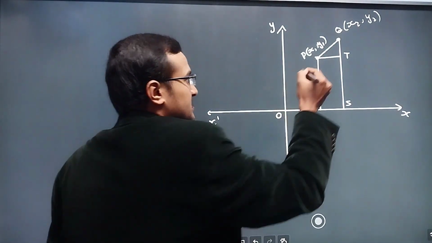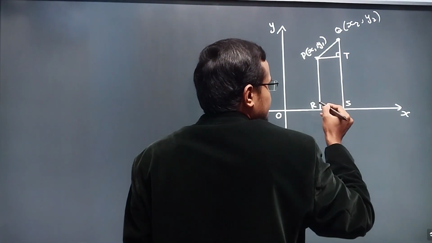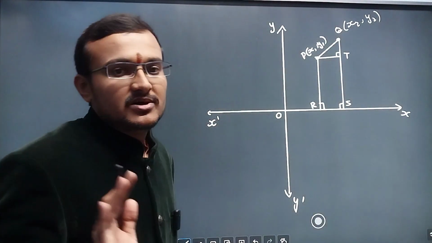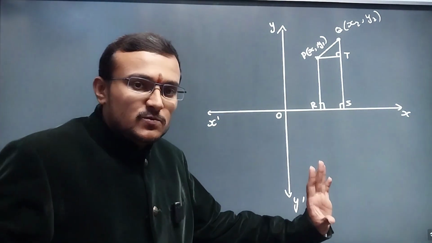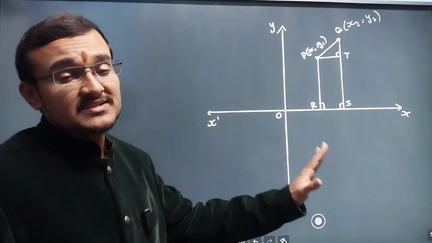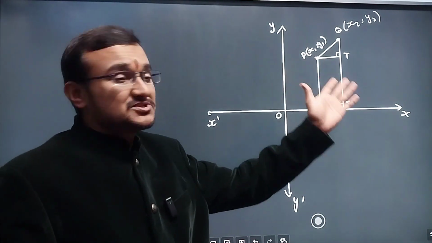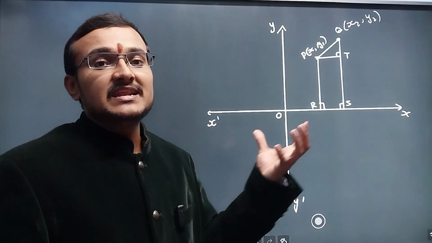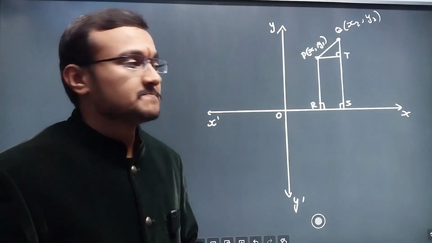PT is perpendicular to QS, PR is perpendicular to the x-axis, and QS is perpendicular to the x-axis. How we solved the previous question, like that only we are solving this one, but here in place of 4, 6 and 6, 8, I am taking x1, y1, x2, y2, so that we can arrive at a general formula.